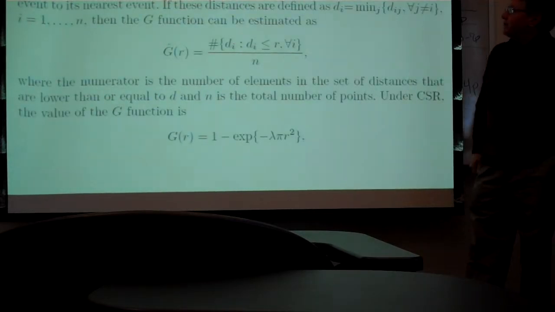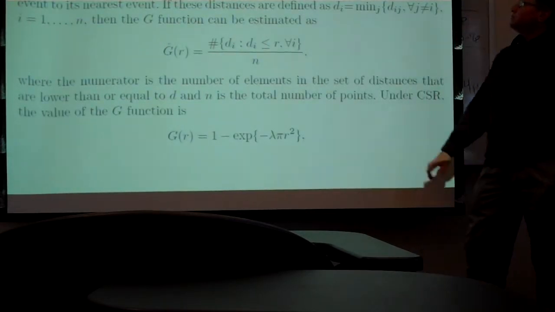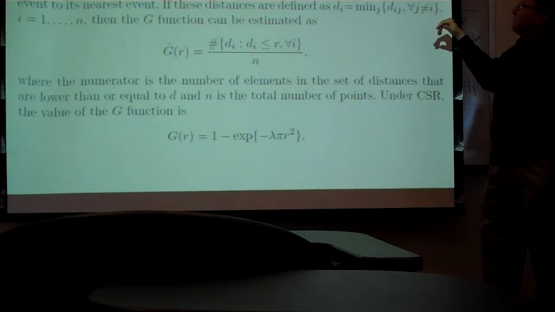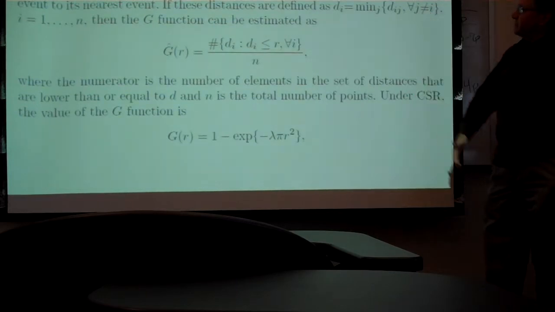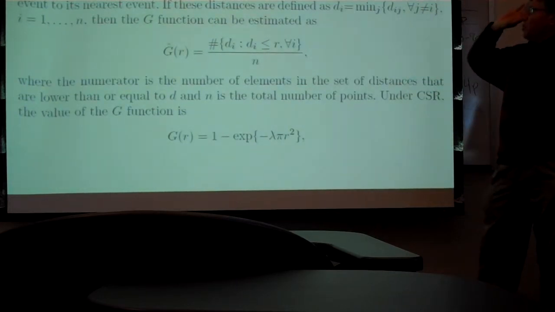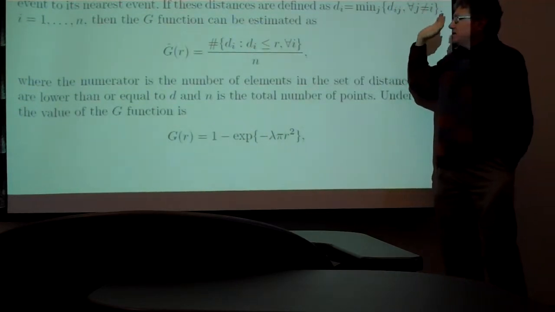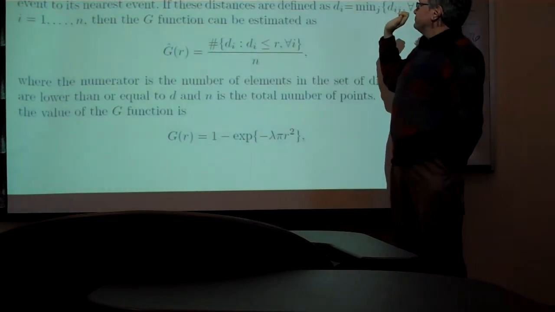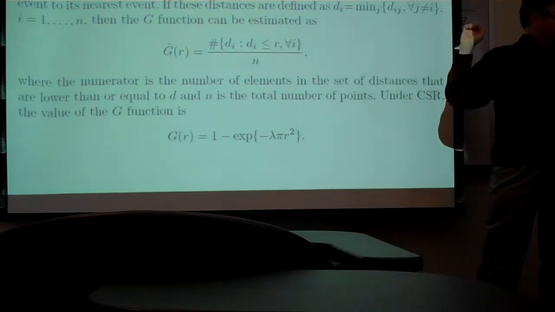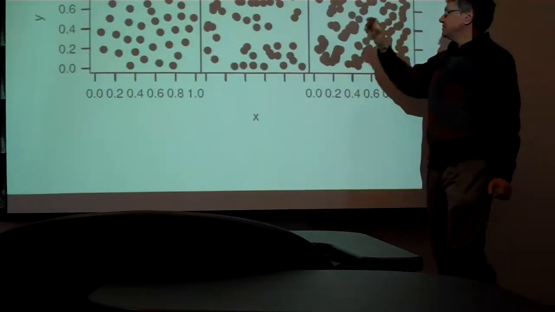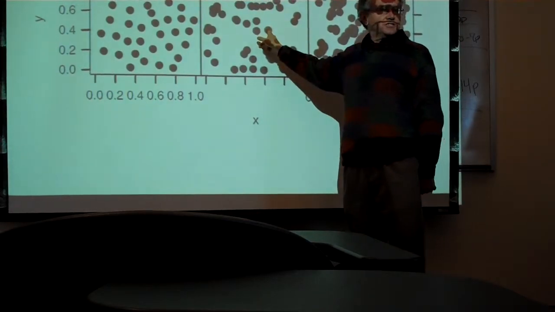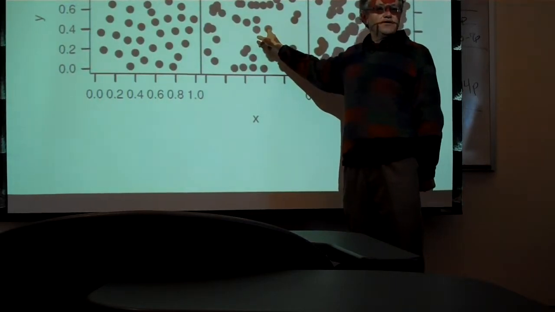So there's one that's called the G function. I don't think the G stands for anything in particular. The way that you calculate G is you pick an event at random, and then you ask what's the distance to the nearest other event.